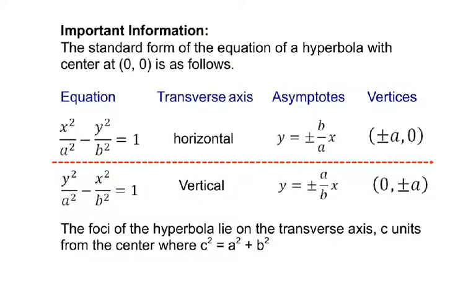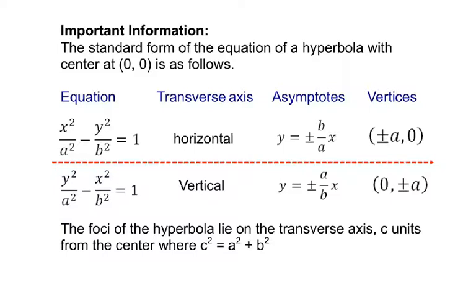The standard form of the equation of a hyperbola with a center at 0, 0 is the following. If the transverse axis is horizontal, you have asymptotes at y equals plus or minus b over a x. Those are oblique asymptotes. You're going to have vertices at plus or minus a, 0.